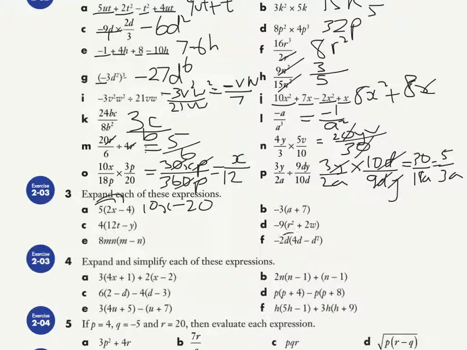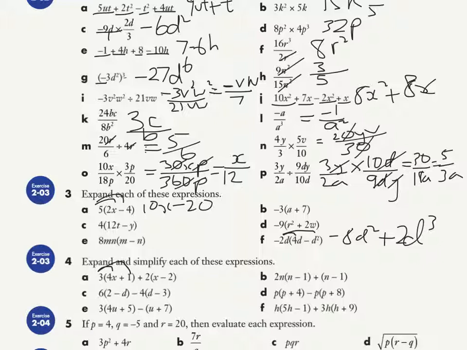F, negative 2 times 4 is negative 8, D times D is squared. Negative times a negative is a positive, 2, and there'll be 3 D's. Alright, 4A.